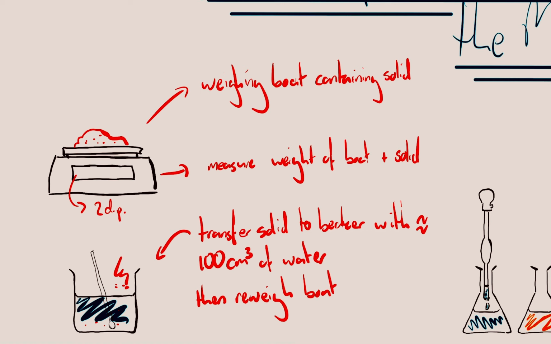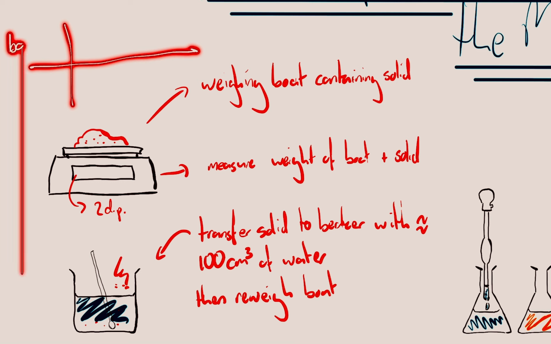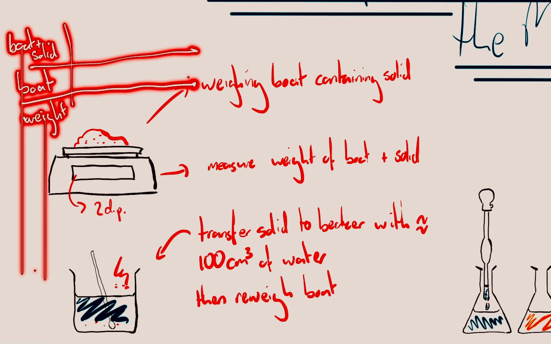So in your lab books, you should have a table that looks something like this. So you've got boats plus solid, then just the boats after it's been transferred, and then finally you're going to have weight of solid. And you're going to calculate it down here.